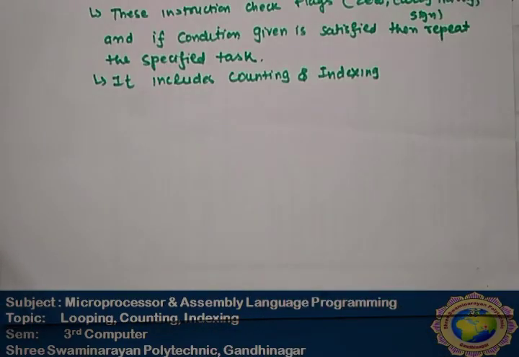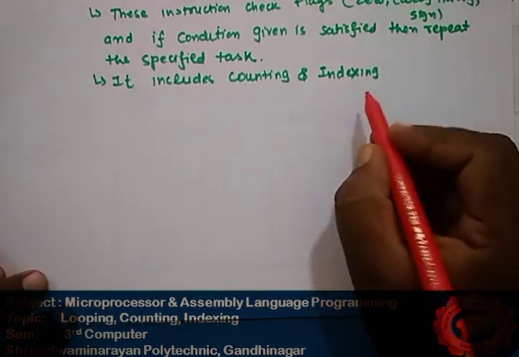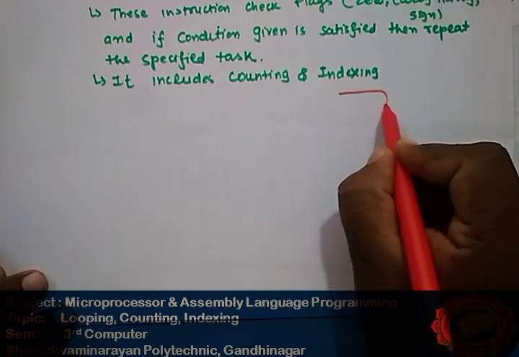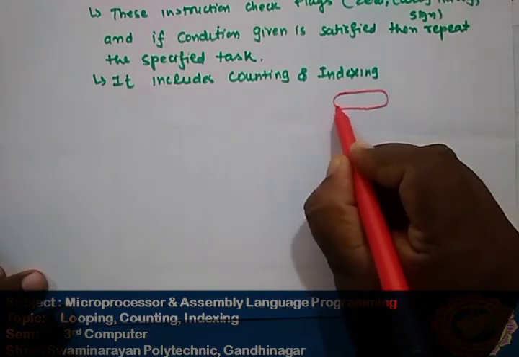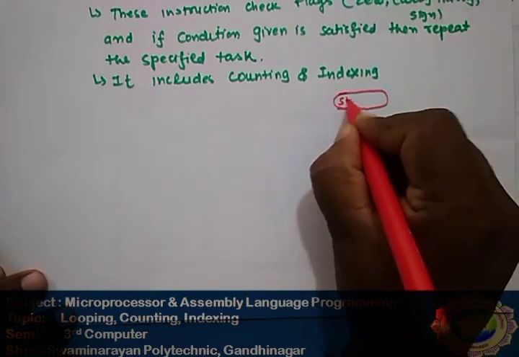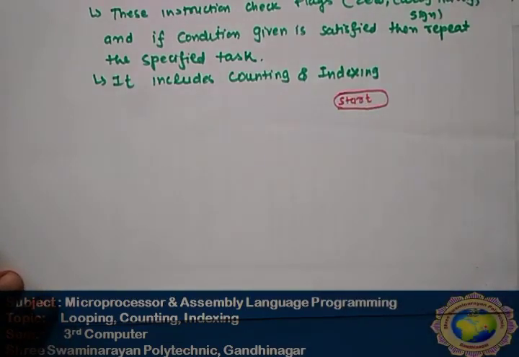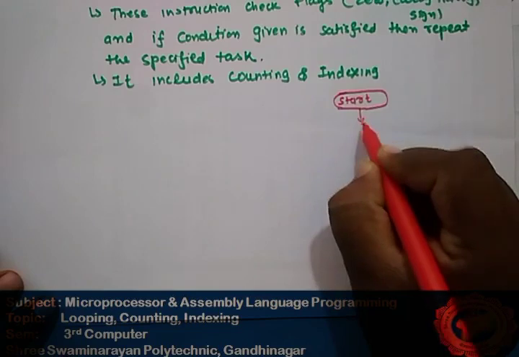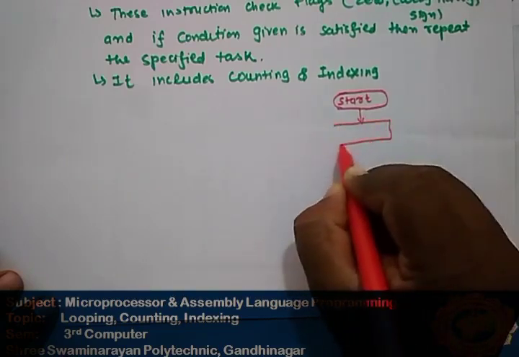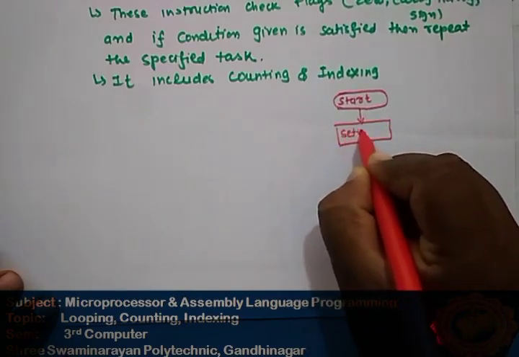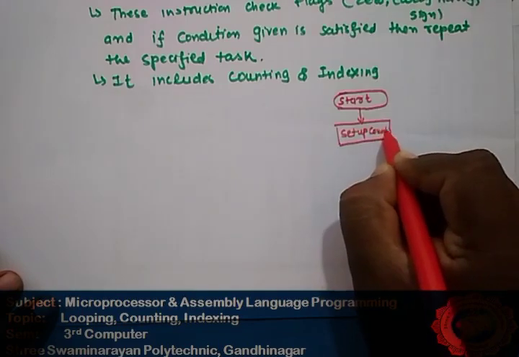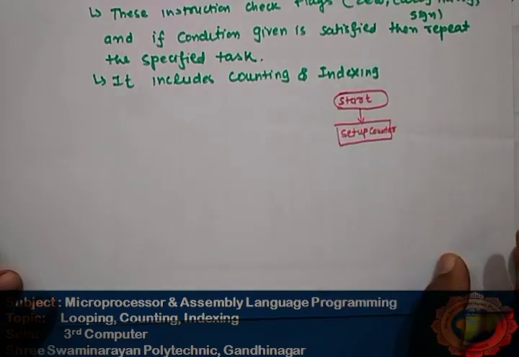Now we will study the conditional loop using the flowchart. First, here is a start, and for the conditional loop you have to set up the counter. So the first task is to set up the counter, that is, initialize the counter.